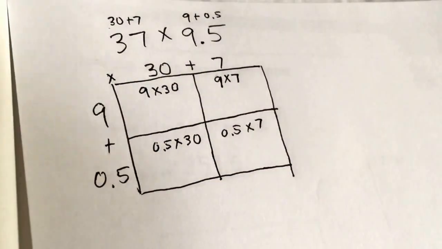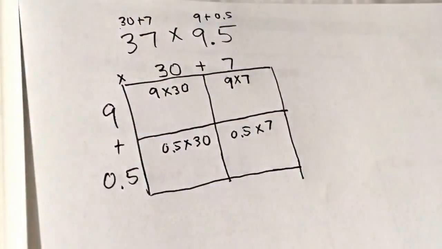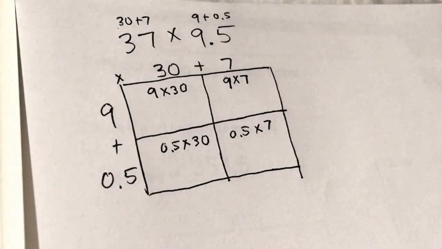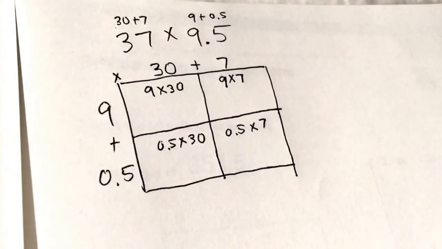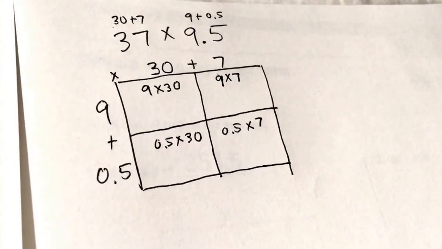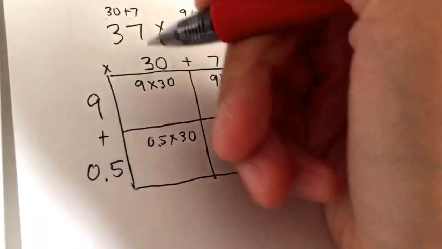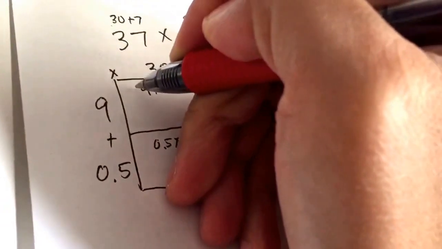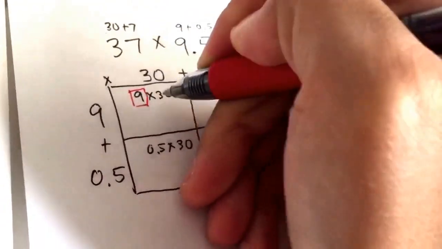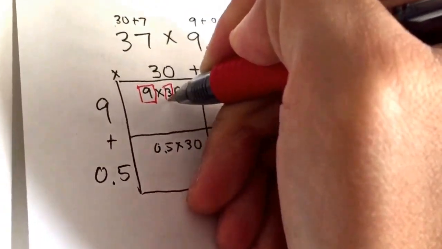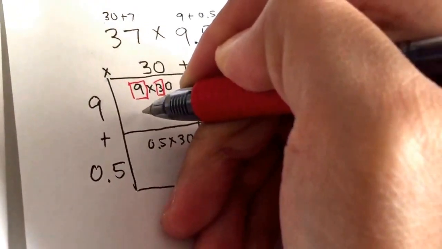And for multiplication, we're going to be looking at our base numbers, and from there, just changing the place value by adding zeros or moving the decimals to the left based on the place value itself. So the base numbers here are 9 and 3. 9 times 3 is 27.